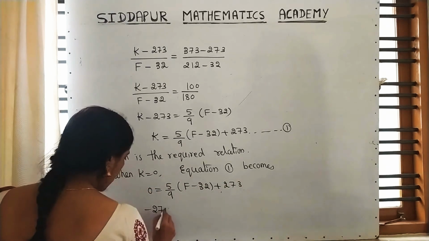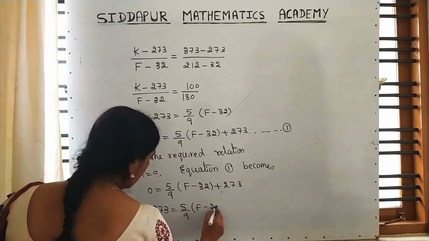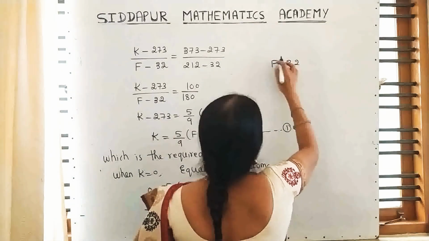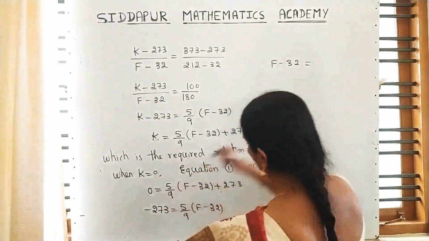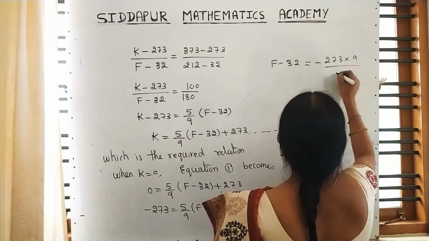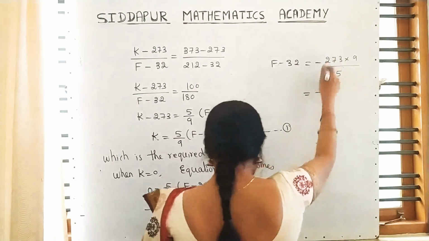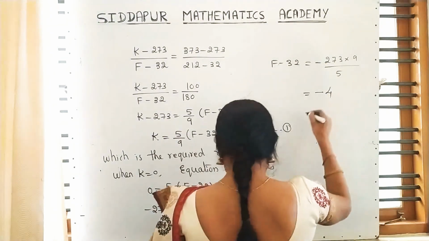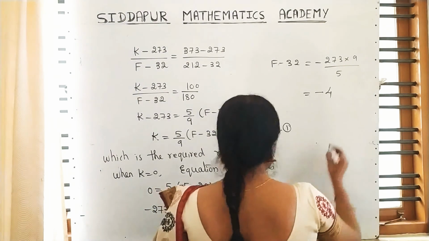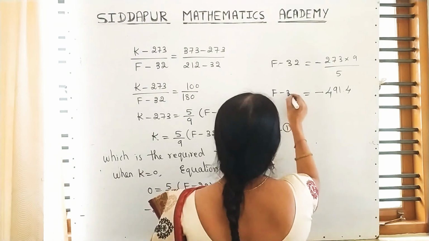Minus 273 is equal to 5 upon 9 into F minus 32, or F minus 32 is equal to, taking 5 by 9 on that side, minus 273 into 9 upon 5. And on simplification, it is minus 491.4, that is F minus 32.